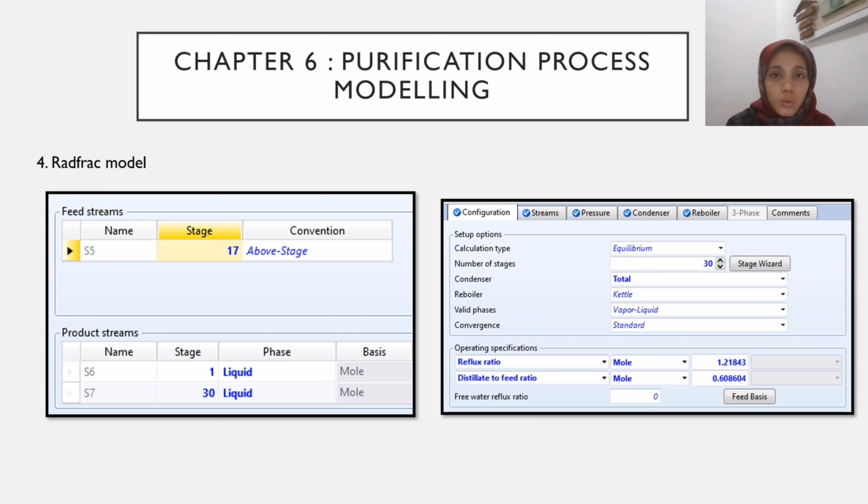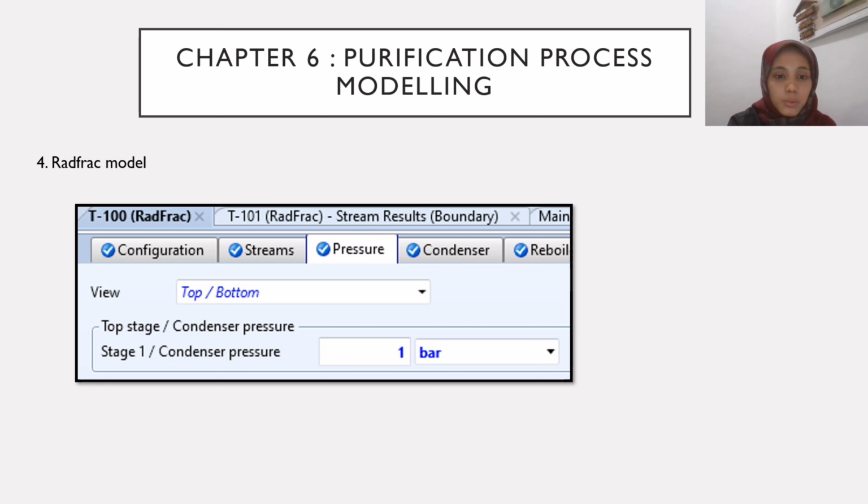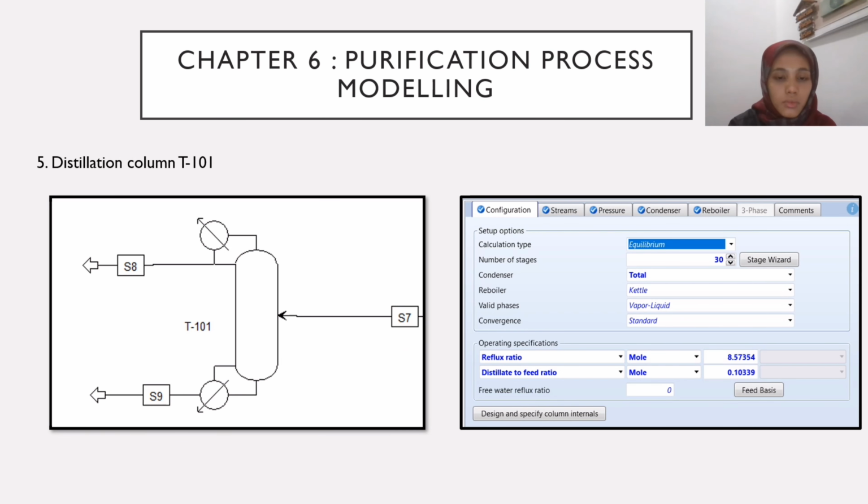These two values were obtained from the DSTWU from the previous slide. Okay, the condenser pressure at stage 1 was also set as 1 bar according to the top feed pressure. Okay, we move to distillation column T101.